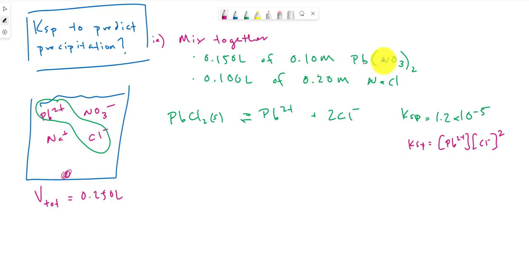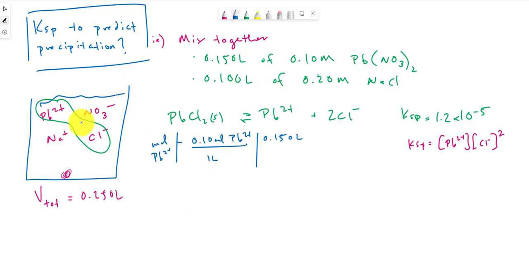So we just need to figure out how much of these individual ions we have in solution. You could write these out as actual dissolution reactions. 0.1 molar of lead nitrate breaks apart into 1 of the lead ions and 2 of the nitrates. So that's important to consider. And similarly, sodium chloride is going to break up into equal parts.